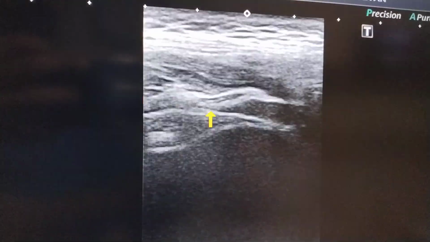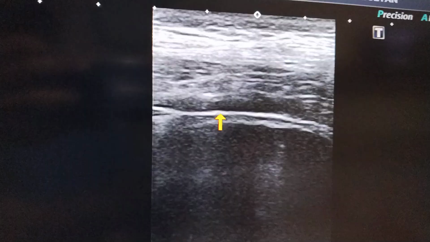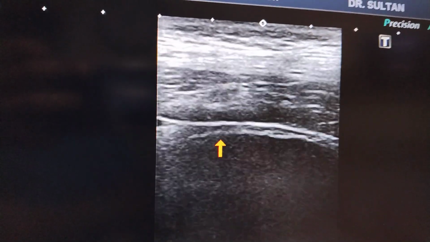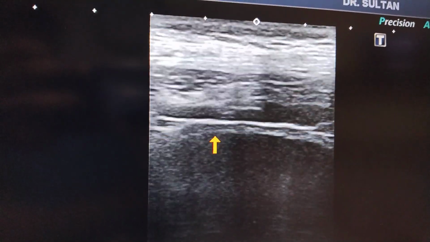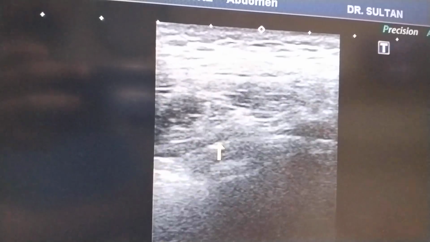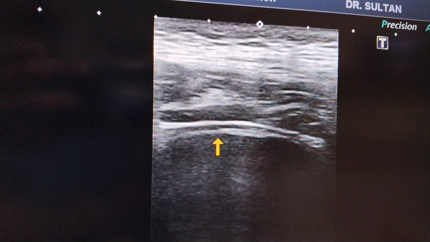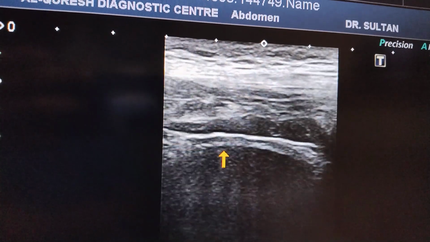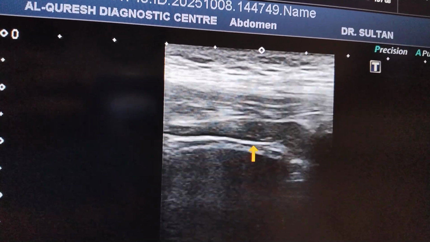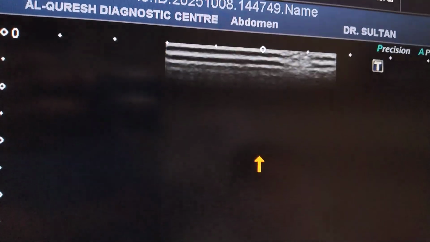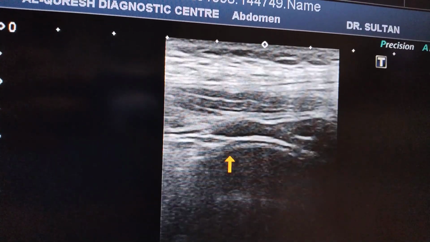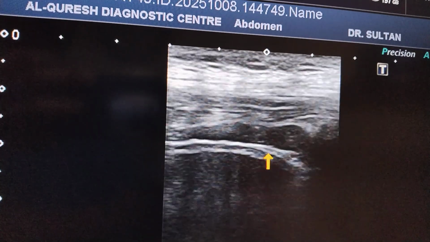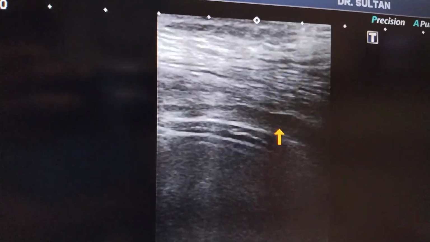So this was the boundary of the inguinal canal, anterior and posterior, and how the posterior wall is formed: the fascia transversalis laterally, and the conjoint tendon at its medial aspect.